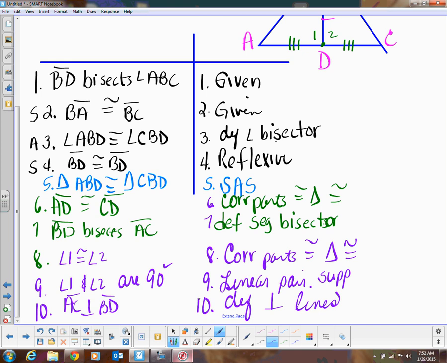All right, no congruence. So I have to put it in my proof, so I'm going to start at the top. And so once I have that, then I'm going to do my side angle side. Because whatever they give us must be in the proof, but that is not going to help us here to justify. That gave us this. That had to come before this. Oh, and wait a minute. Oh, wonderful. You are awesome.